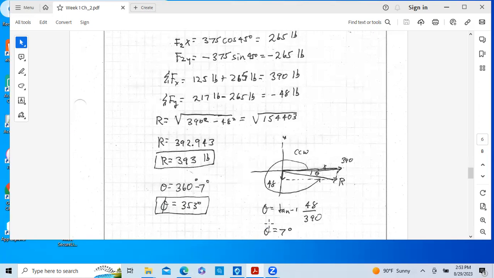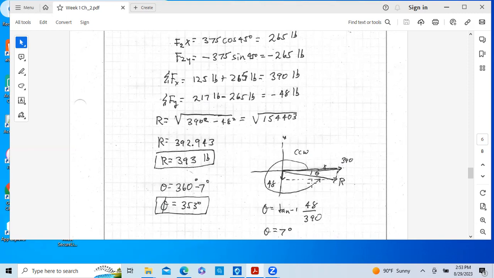And this is incorrect. Angle is measured clockwise from the positive x-axis, which means this is the angle, not this.